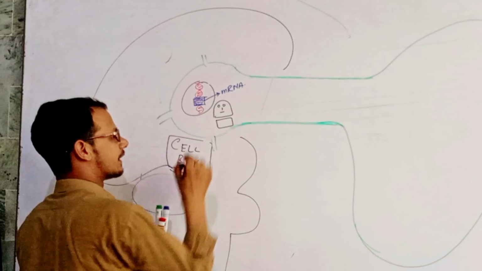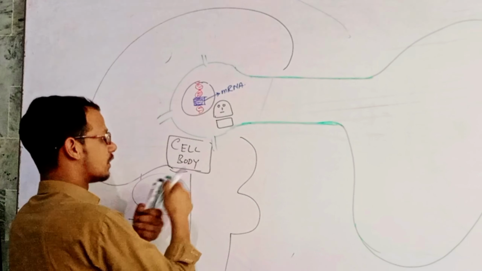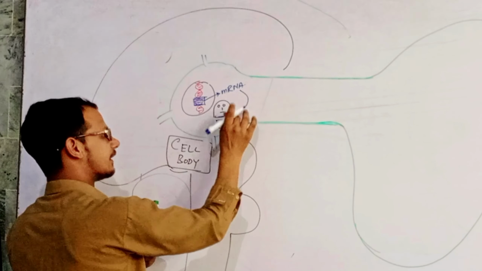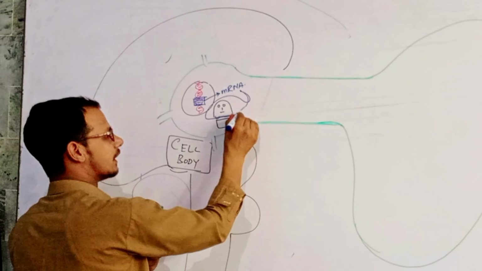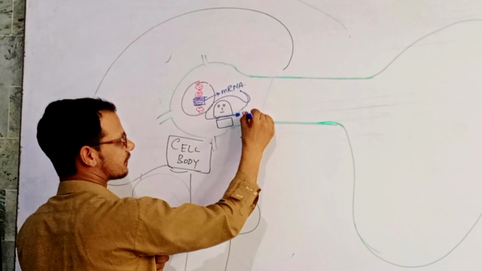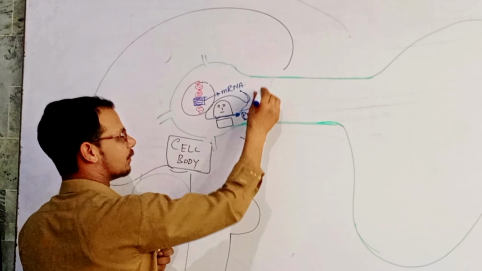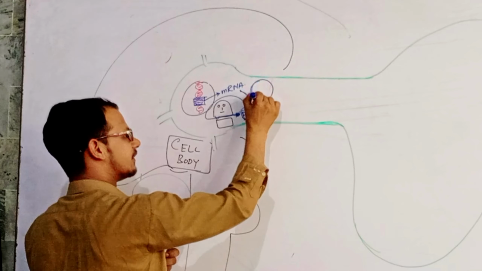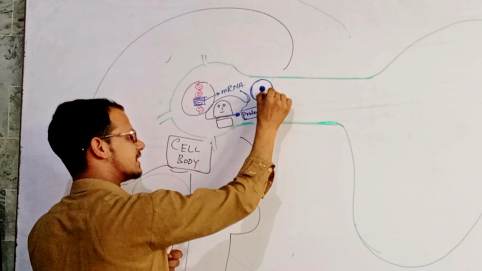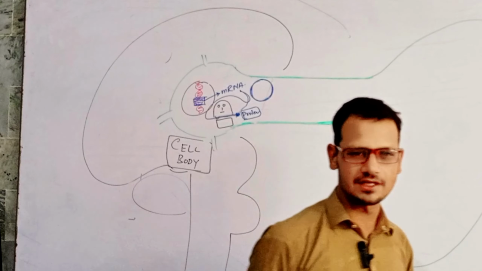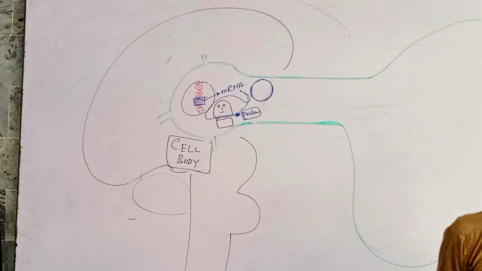This ribosome translates this messenger RNA into special types of proteins from which the vesicles are formed. These are the neurotransmitter vesicles, but they are empty, right?